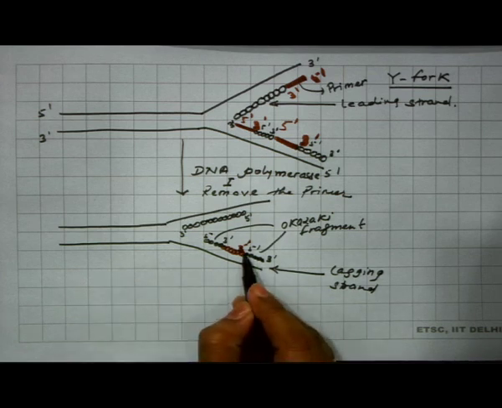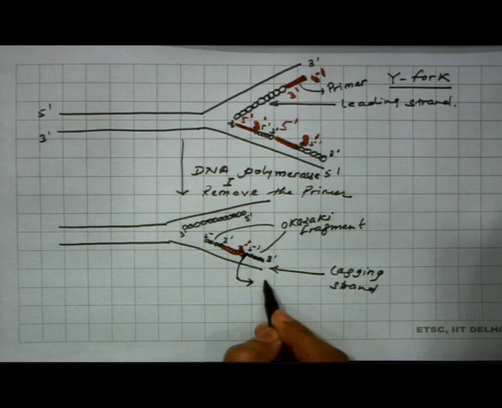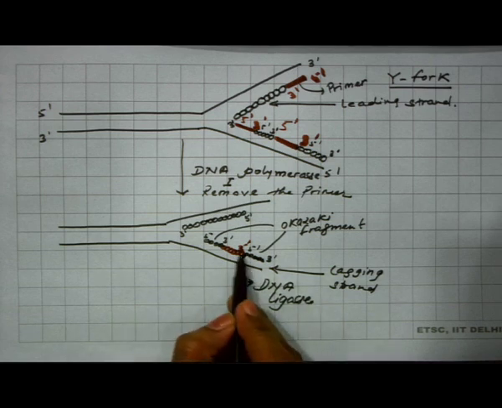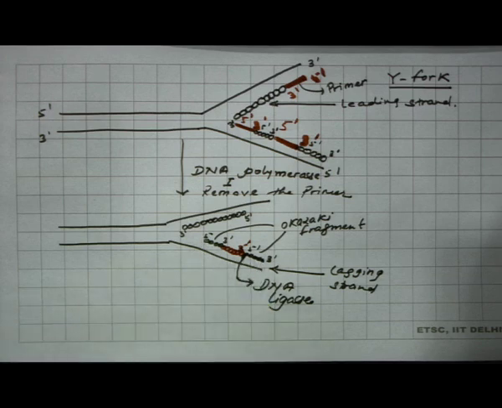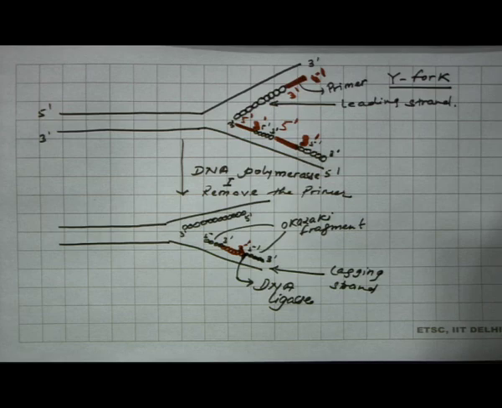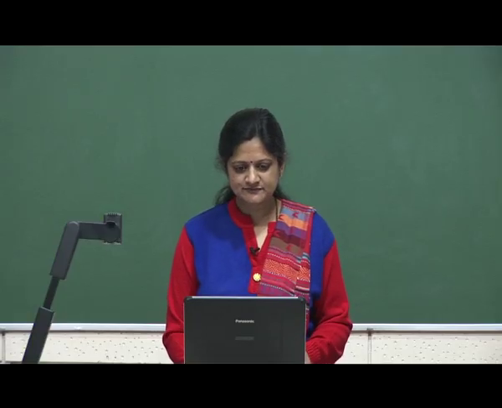So, an enzyme called DNA ligase will be involved here and it will form the phosphodiester bond between this 3' and 5' end, so that the DNA strand will be completed, and accordingly the whole DNA will be copied to make 2 daughter DNA strands.